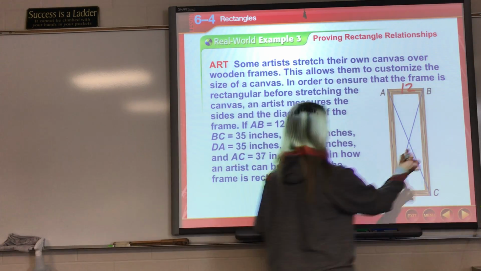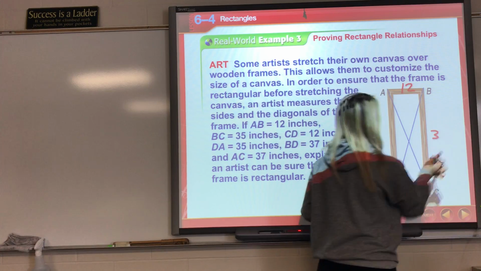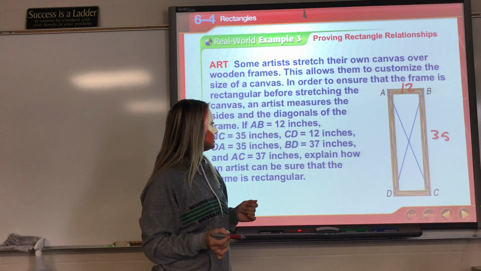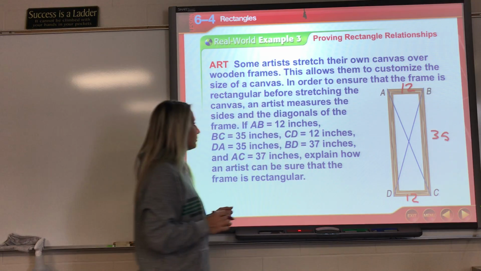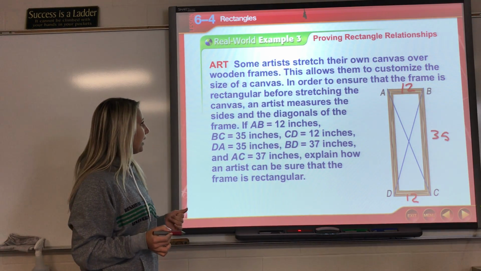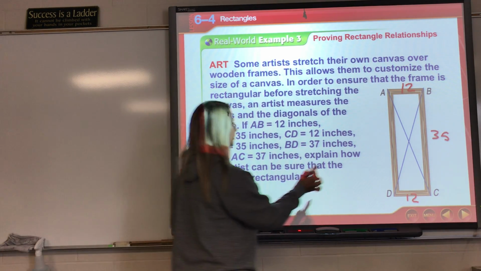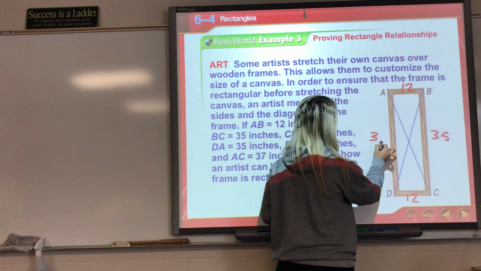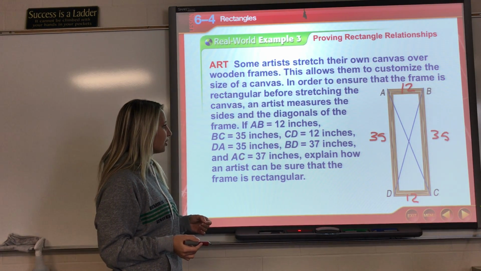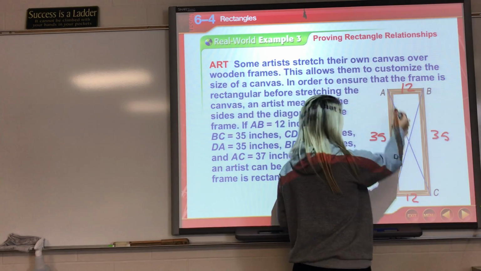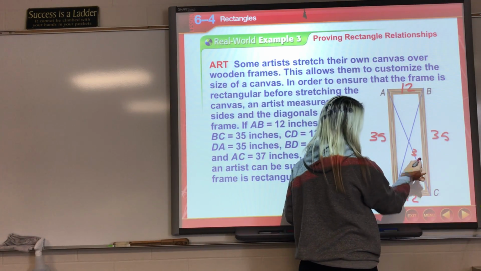Where's BC? It's this side. 35. CD is 12, so we have 12 over here. DA is 35. Here's 35. Okay, it says AC is 37. So AC, this diagonal, I'll just say is 37.